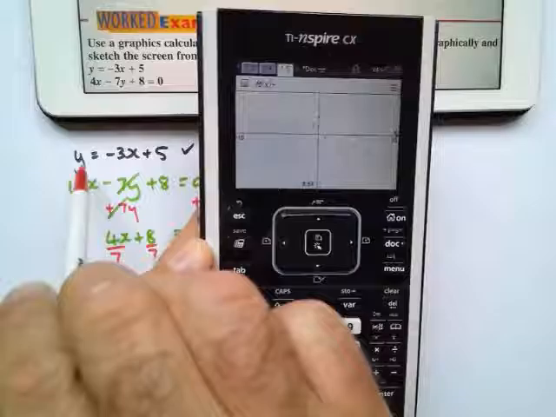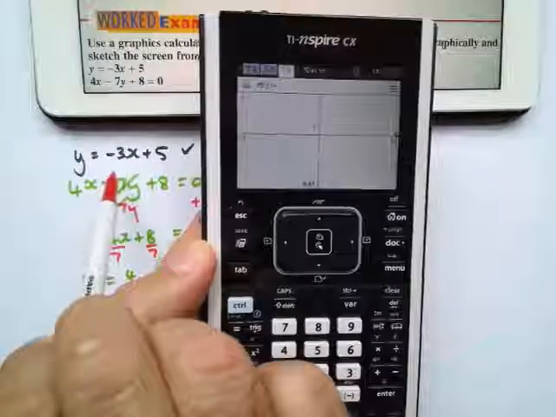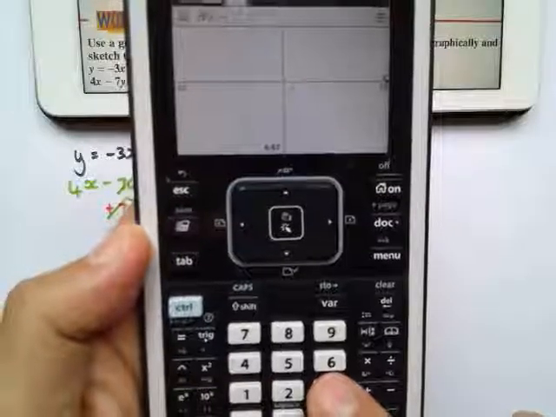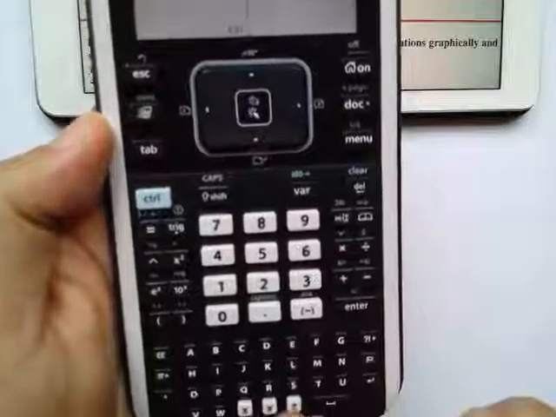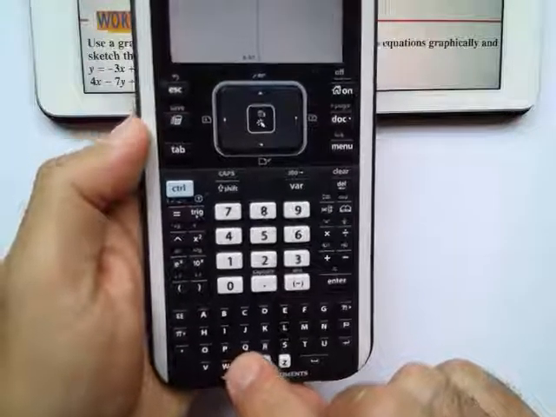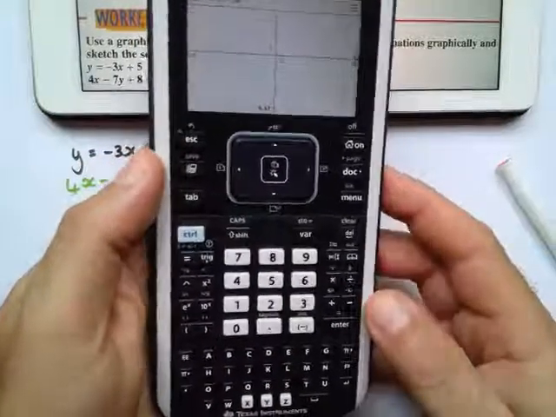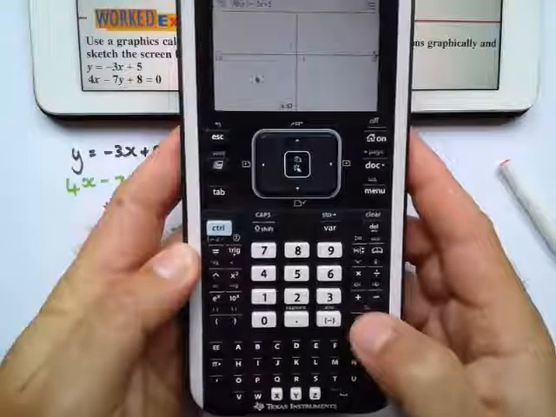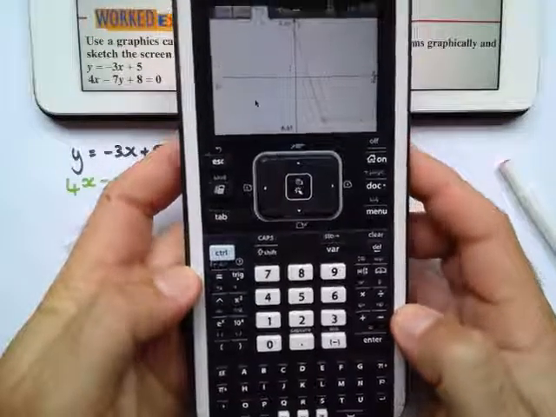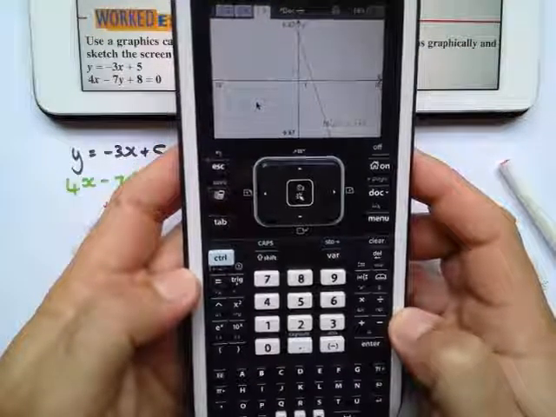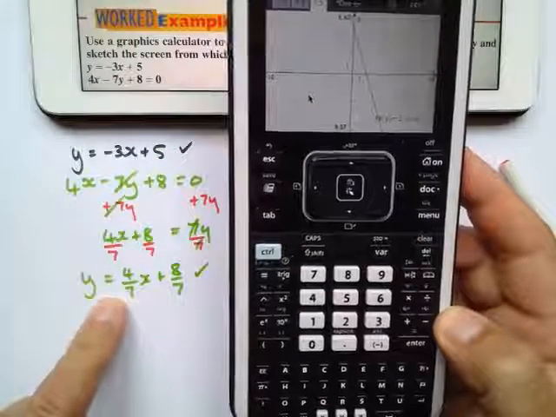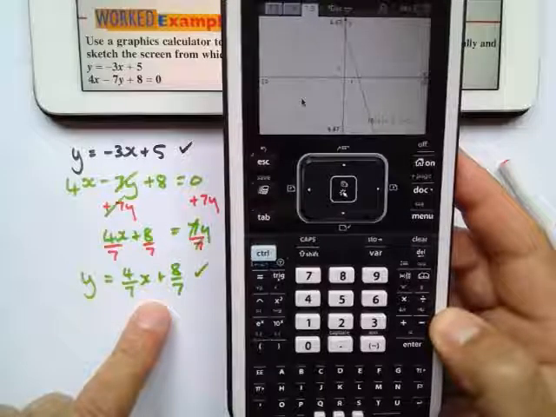Our first step is to put in our first equation, negative 3x plus 5, enter, and that will give me my graph looking like that.